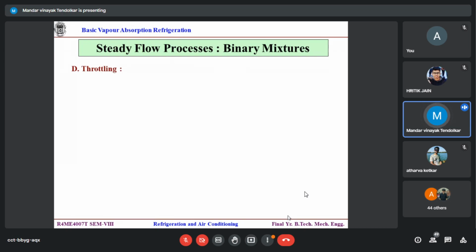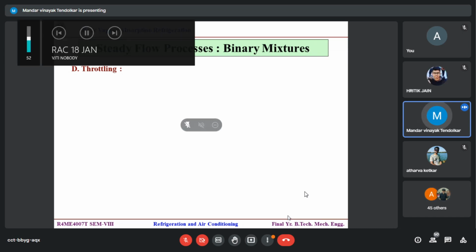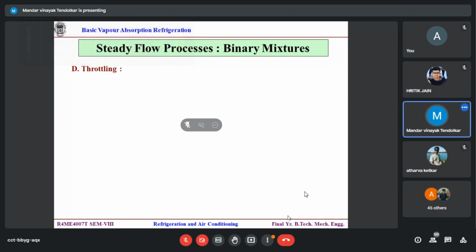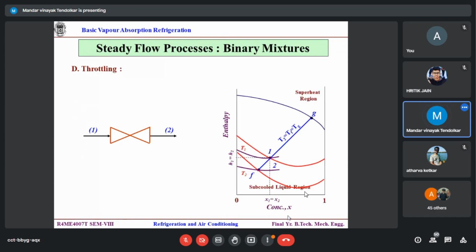So whatever is the inlet pressure, there will be some exit pressure whose enthalpy also remains the same. As such, it is a unique point on the HX chart. First point on one particular pressure line, second point on another pressure line, but let's say in a two-phase zone. I will show you on the chart so that it would be better for you to understand. Let's say inlet condition 1, exit condition 2.